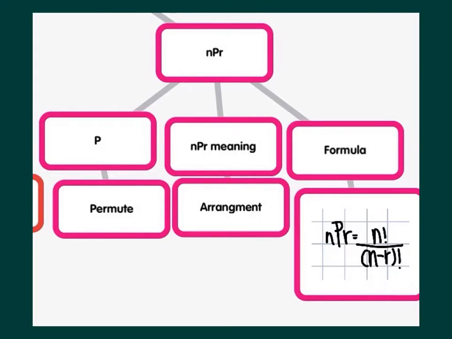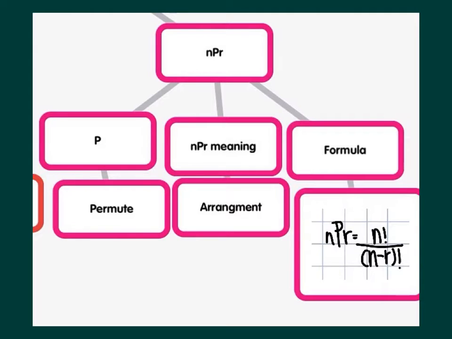Now let's continue with nPr, where P means permuted and nPr is always the arrangement. The formula for this is nPr equals n factorial over (n minus r) factorial. This means how many ways you can arrange something.